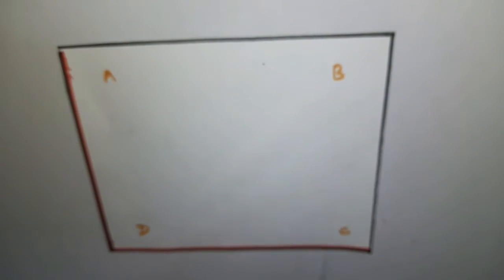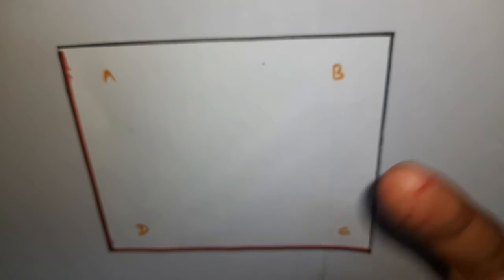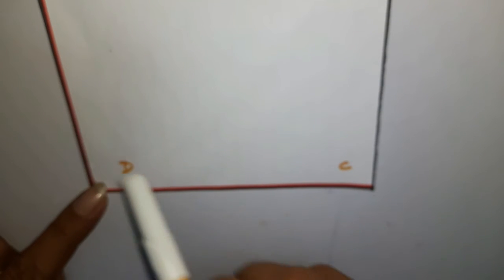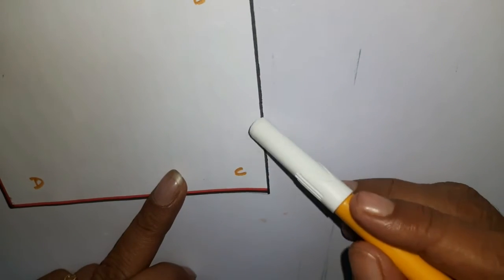Okay, now let's see. In this case you have to find out the neighboring sides, the sides which are neighbors to each other. How will you define which side is neighbor to the other side? You just have to find which two sides are having a common point in them. You can see these two sides are having a common point. You can see here there is one common point shared between these two. Similarly, here you can see these two sides.